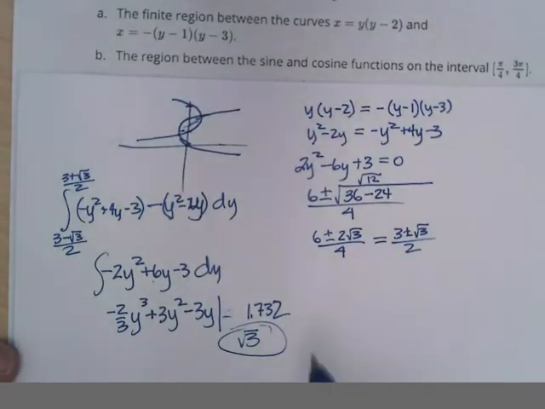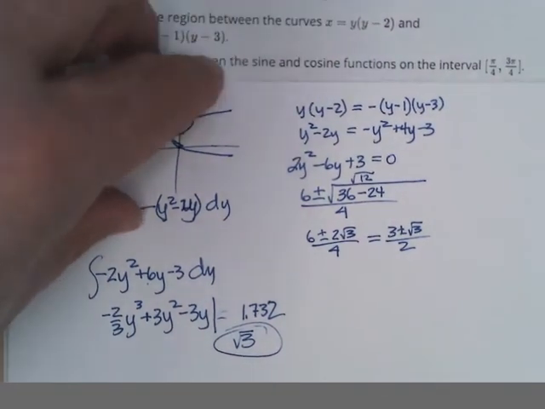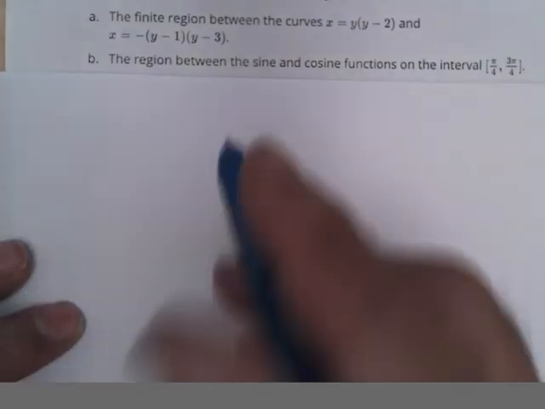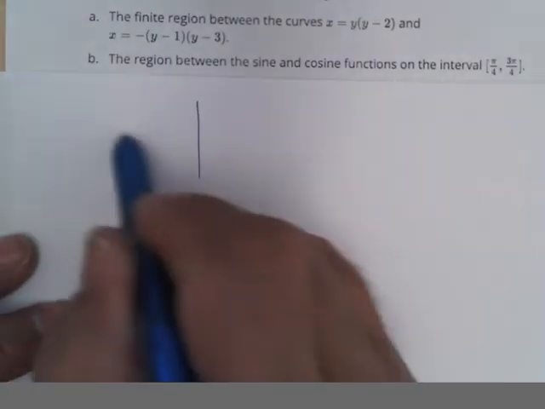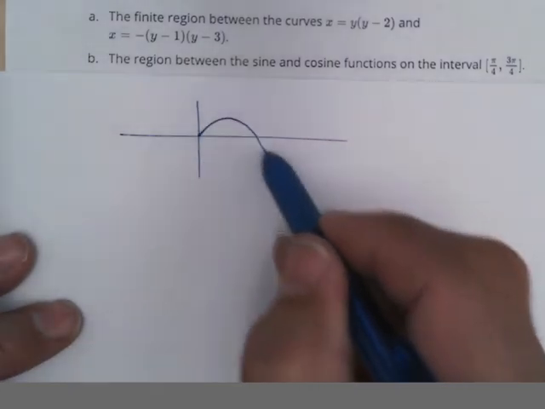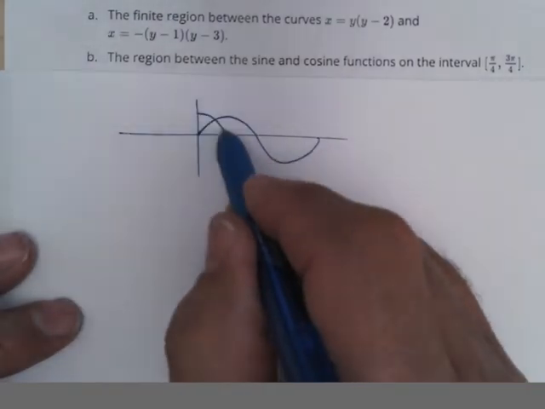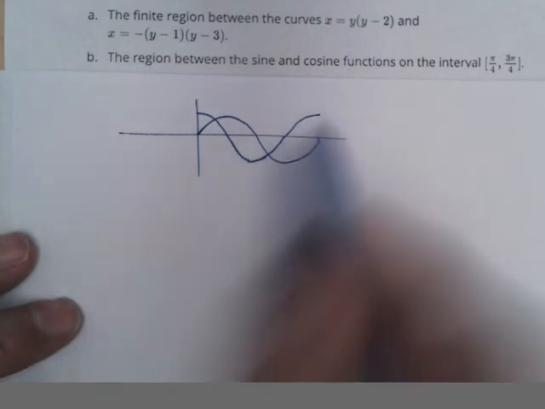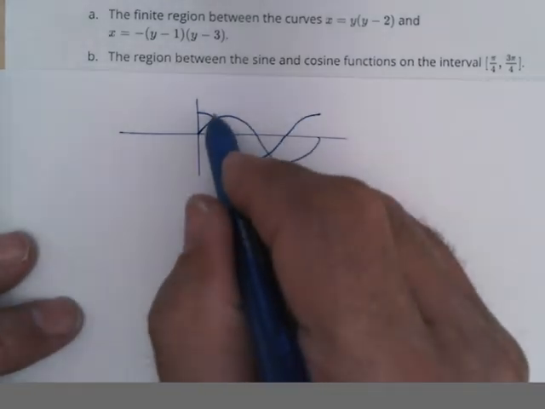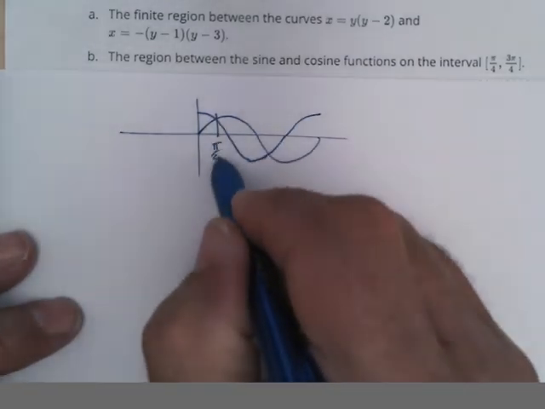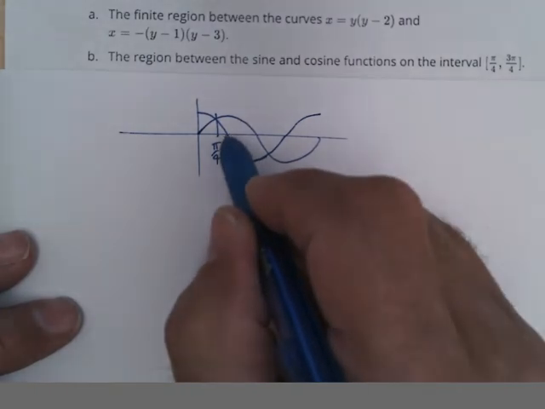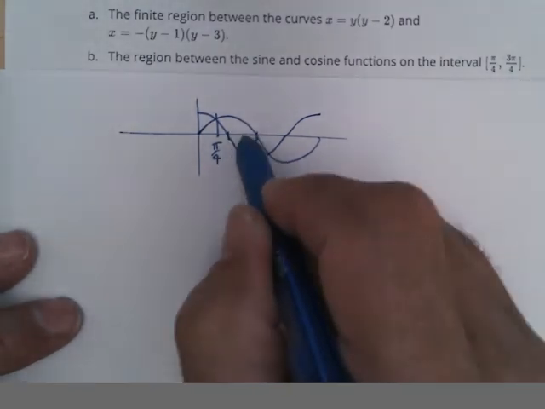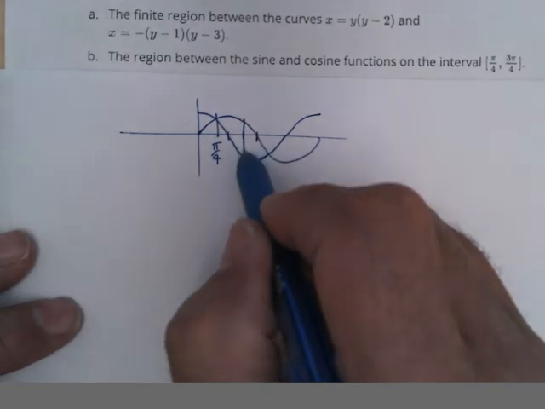5B says find the area between, rotate the paper here, between the sine and cosine, from pi over 4 and there's pi over 2 and 3/4, and there's pi, and 3 pi over 4 is here.